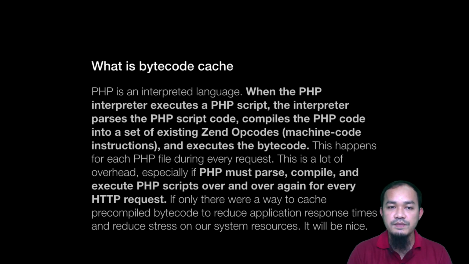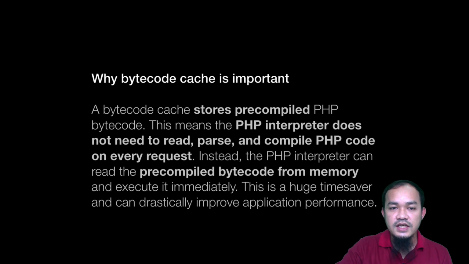Here we can use the bytecode cache from Zend OPcache to reduce the compiling time. When you retrieve something, it transforms it into bytecode cache and stores the pre-compiled PHP bytecode in the memory of the server.